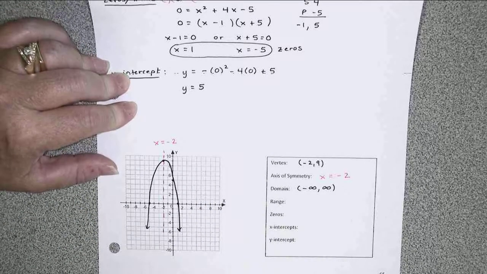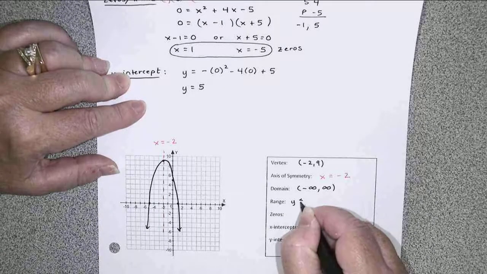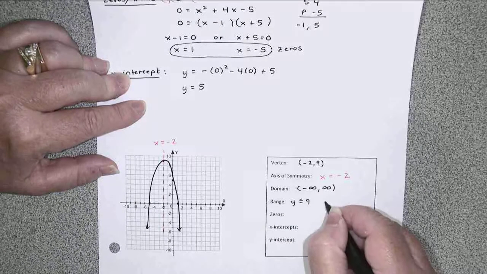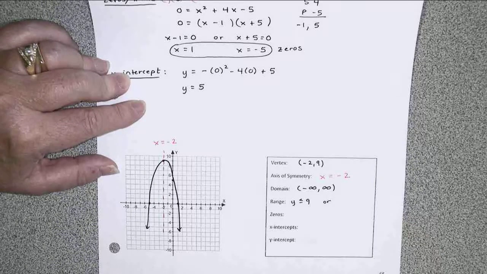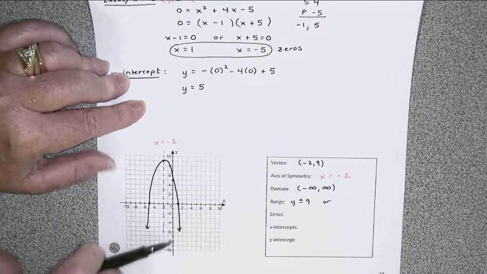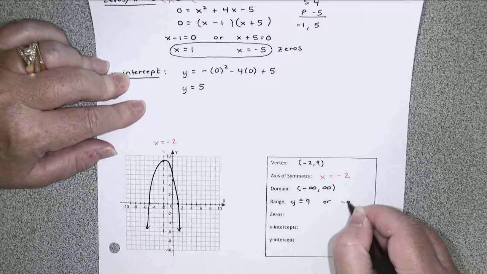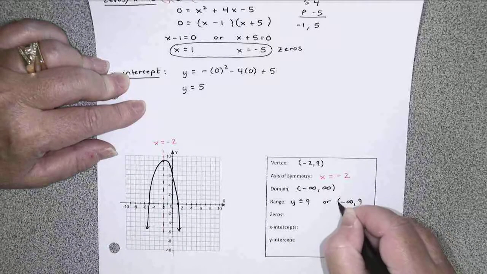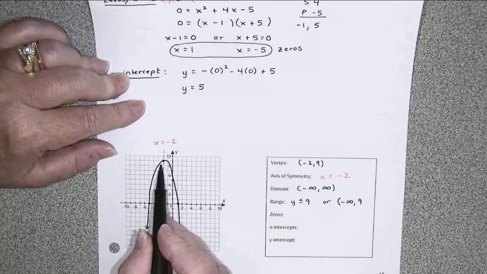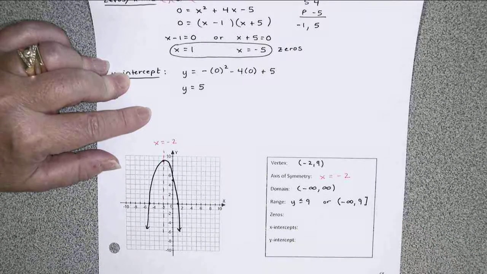So I can think of my range as being y is less than or equal to 9, or we typically prefer interval notation. Y's go from negative infinity until 9, and then stop. I do actually hit the 9 at the vertex, so I'm going to use a hard bracket, closed bracket.